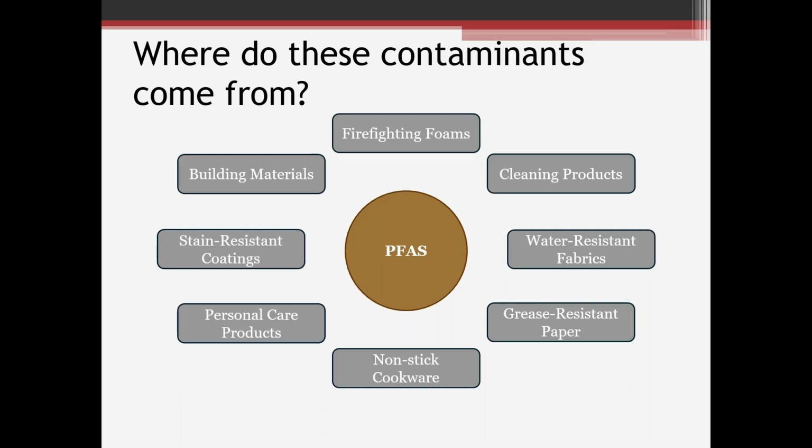PFAS is very difficult to break down, probably even more so than PCB. So definitely a concern now and moving into the future, trying to get sites that have a lot of PFAS contamination cleaned up. Definitely something you don't want to get into drinking water supplies. So the faster we can get ahead of that or get control of it, the better.